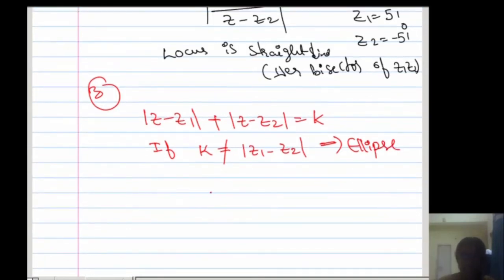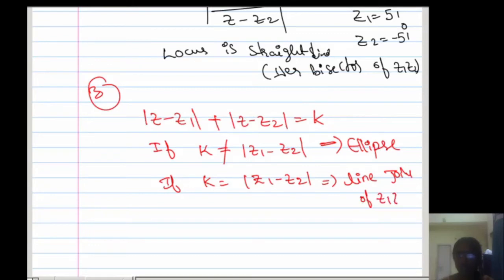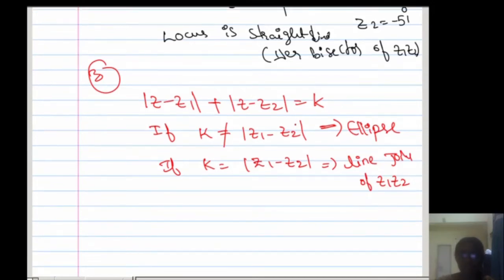Next, if k is equal to mod z1 minus z2, then it represents a line segment, the line joining z1 and z2. So what is the locus? By using this concept I can give the explanation also.